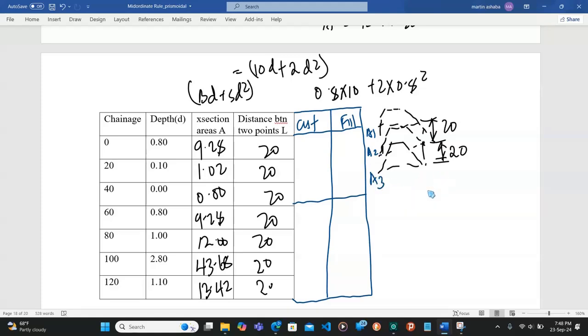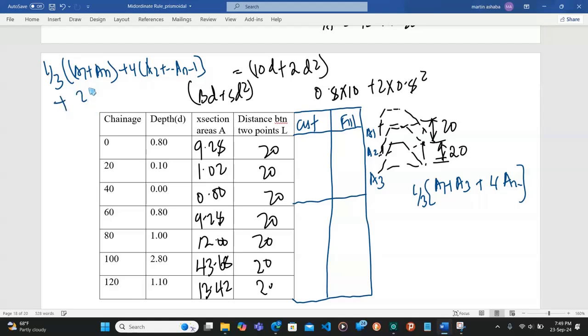So we use the prismoidal formula, L out of 3 into A1 plus A3 plus 4 times A2, whatever is even, because we already know that the formula according to the trapezoidal method is A1 plus AN, plus 4 into whatever is even, plus 2 into whatever is odd, A3 plus up to AN minus 2.